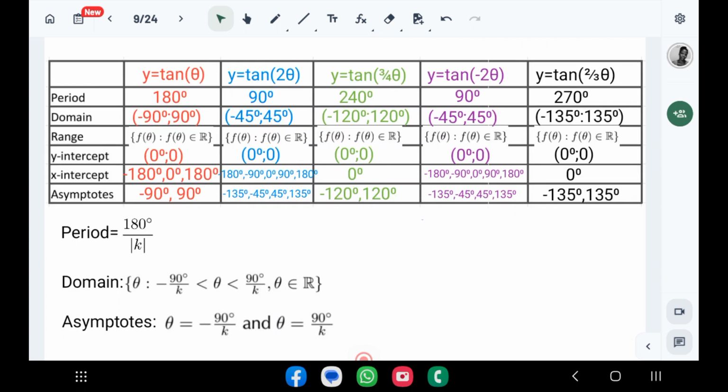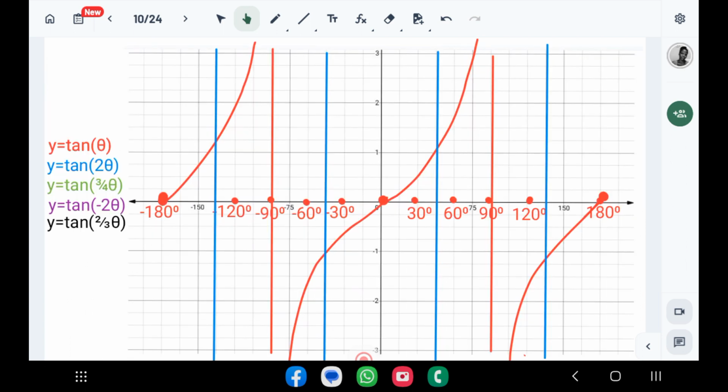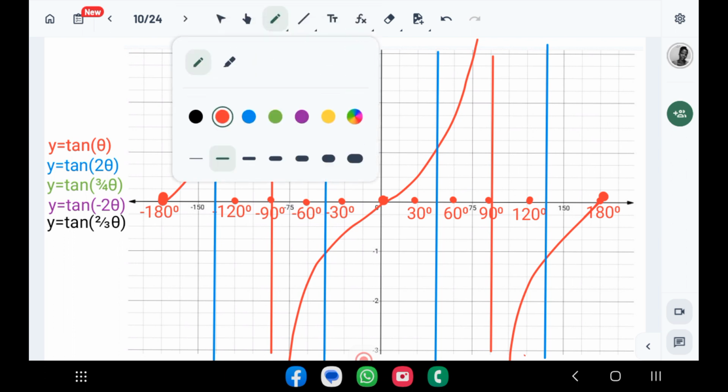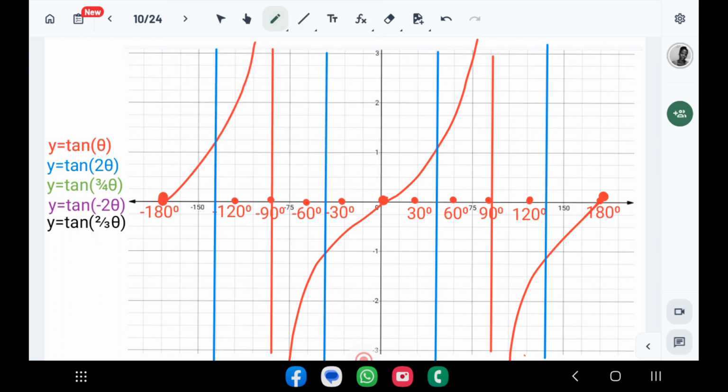And now we work on the x-intercepts. The one right in the middle is at 0, 0. The x-intercept. And then on the right hand side, we add the period of 90 degrees. So at 0, that is the one right in the middle. Okay, let's draw that. That is the x-intercept for this graph. Now we add the period of 90 degrees to 0, and that will land us at 90 degrees.